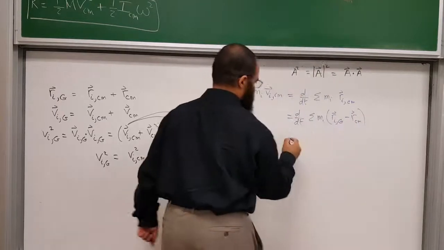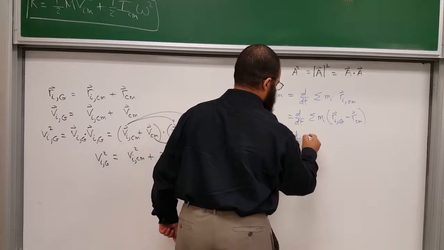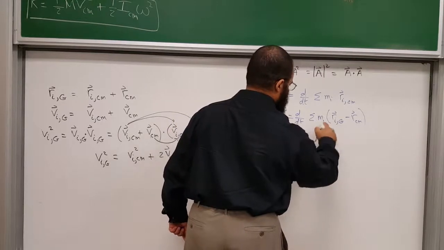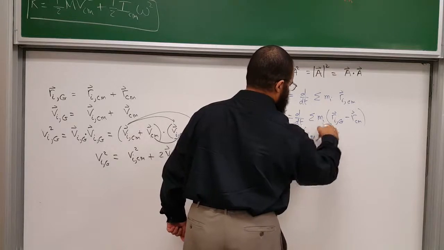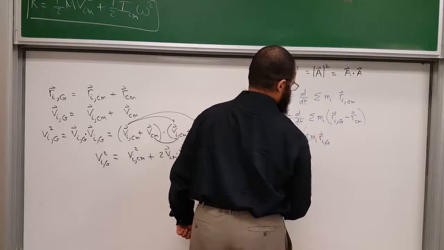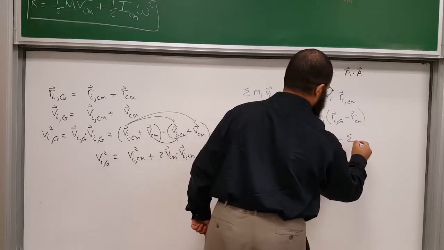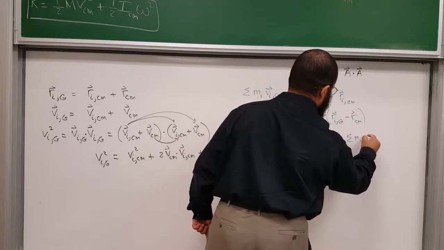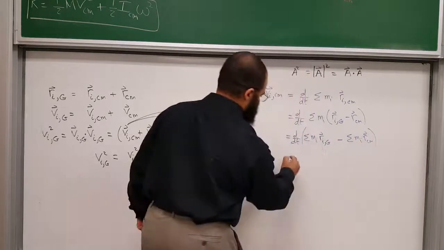Why is this 0? Well, let's see. d/dt of the sum, I'll break this sum into two different sums. So it will be mi times ri relative to the ground, and then minus the sum over mi r center of mass. Okay. Why is that 0?